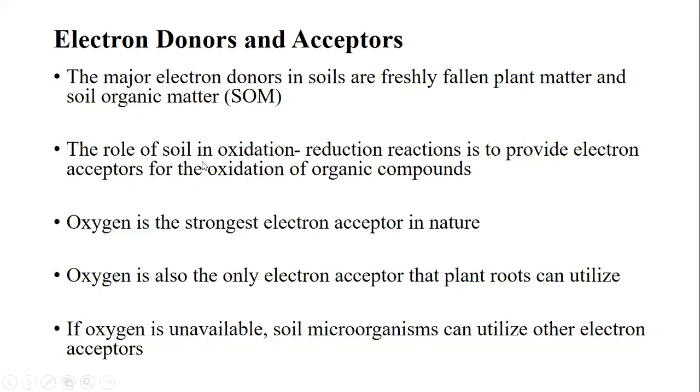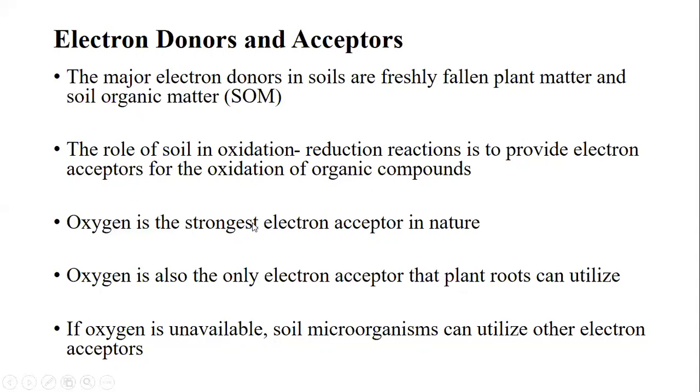So the role of soil in oxidation reduction is to provide electron acceptors so that the oxidative decomposition of organic matter takes place. If these are oxidized, you have to have something that's reduced, that accepts the electron.